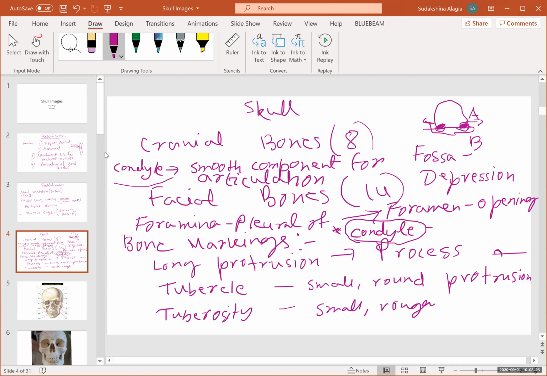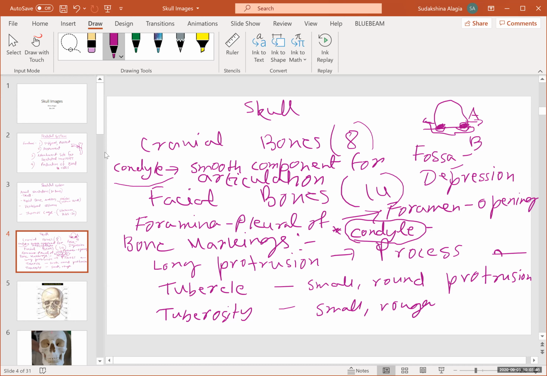Typically, a condyle can fit into grooves, and that groove could be a fossa, depending on which bone it is, or that groove could just be a surface. We'll see that for the vertebral column, like facet.